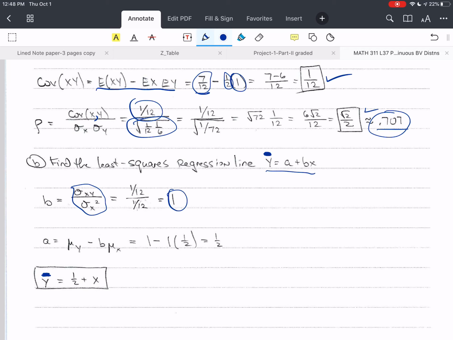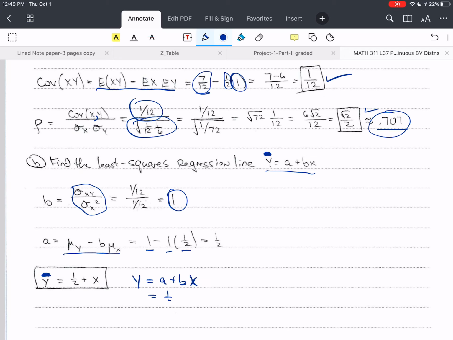And then I have a is mu y minus b times mu x. So I substitute in for mu y, which was 1, b was 1, and mu x was a half, and I get 1/2 for a. So my equation is, if you remember, y equals a plus bx.